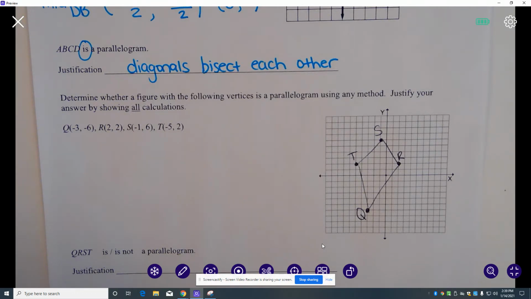So here's my quadrilateral. I'm already looking at this, and it definitely doesn't look like a parallelogram. So I have a hunch that we're going to say it's not a parallelogram, but we still have to show using our calculations that it's not.